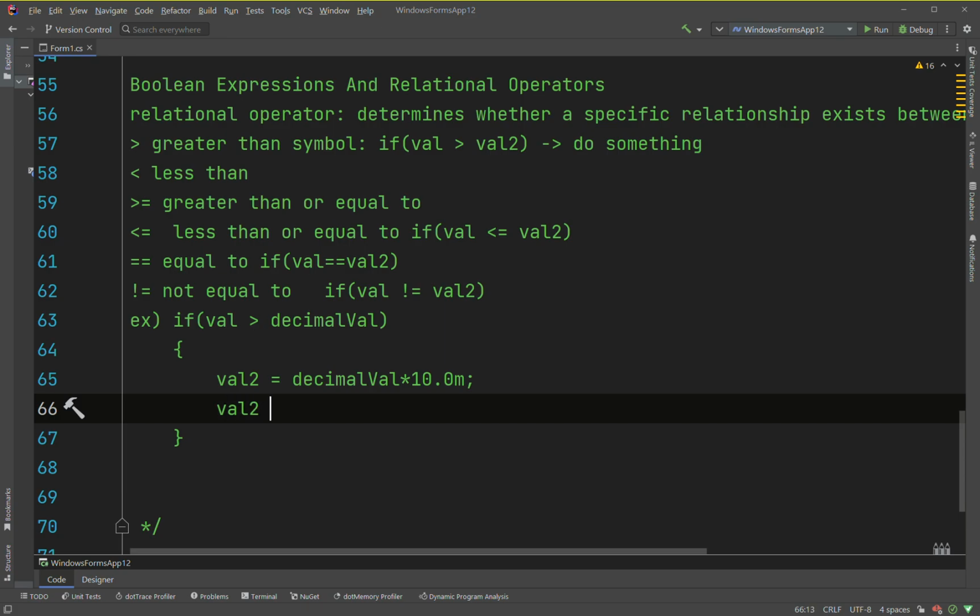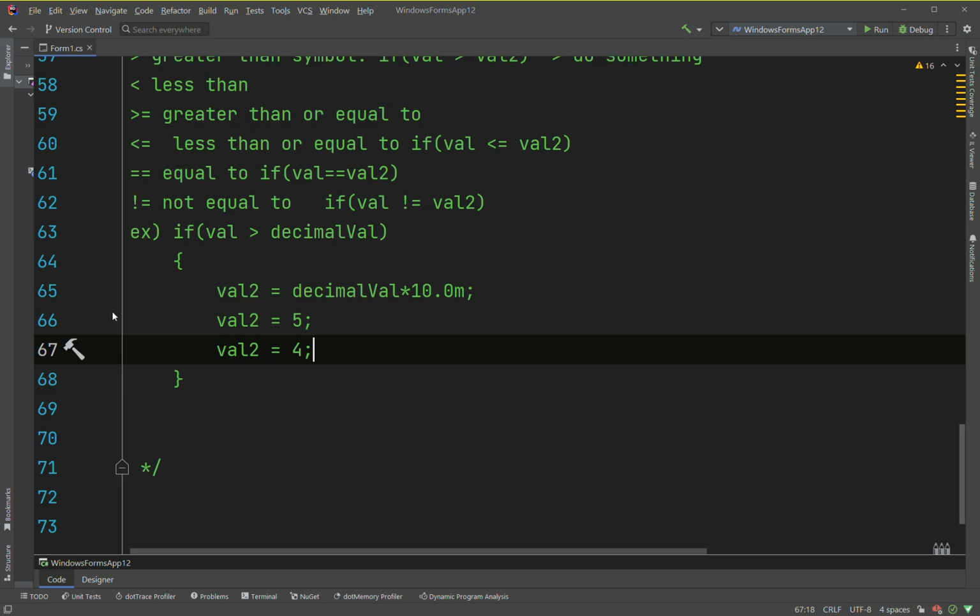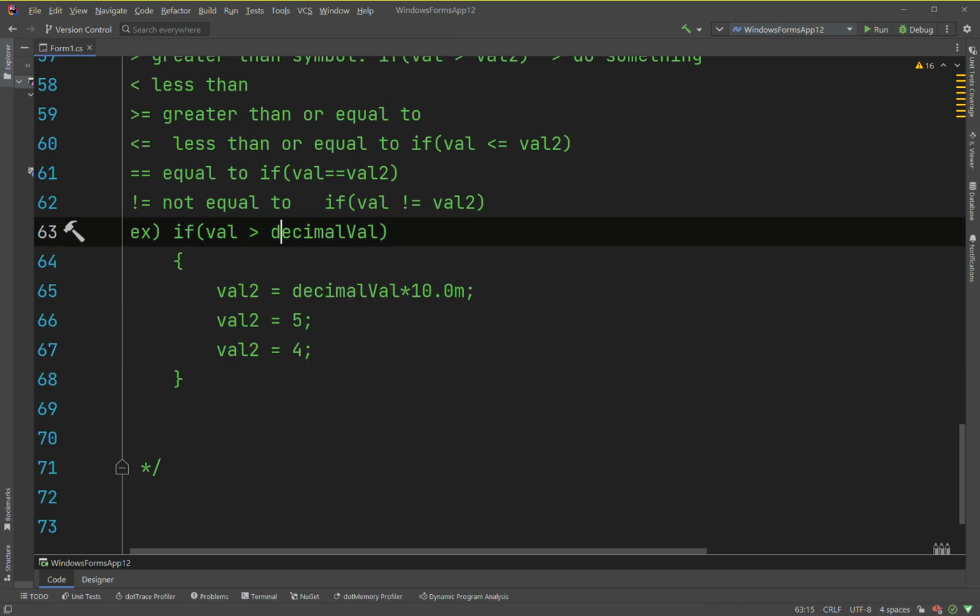Then you could set val2 to point to 5, and set val2 to point to 4, whatever you want. So that's basically what we learned already, the single alternative decision structure.